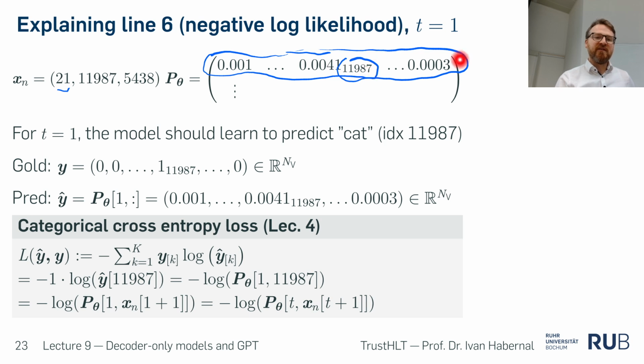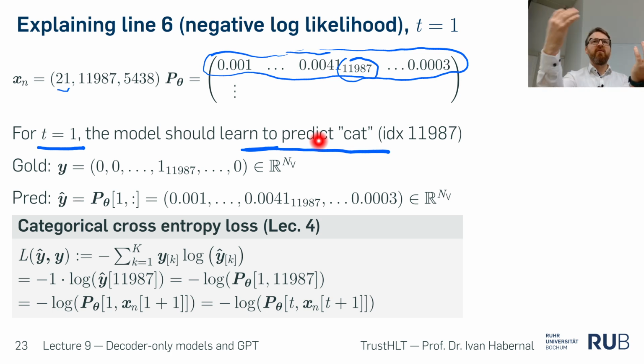So this is interesting, because now for T1, so we are at position 1, and the model should learn to predict the next word, right? We are at position 1, and the model should learn how to predict the next word, which is cat. You with me? For anything we are at, we're trying to predict the next word.